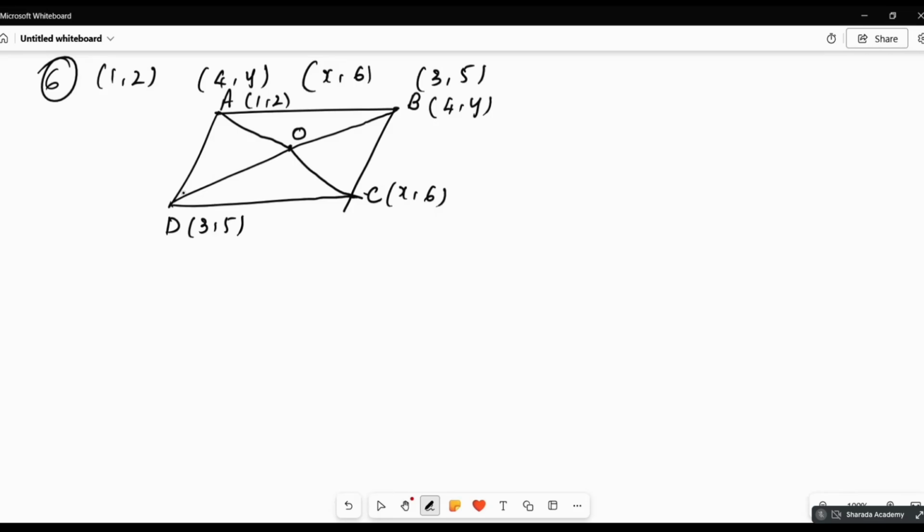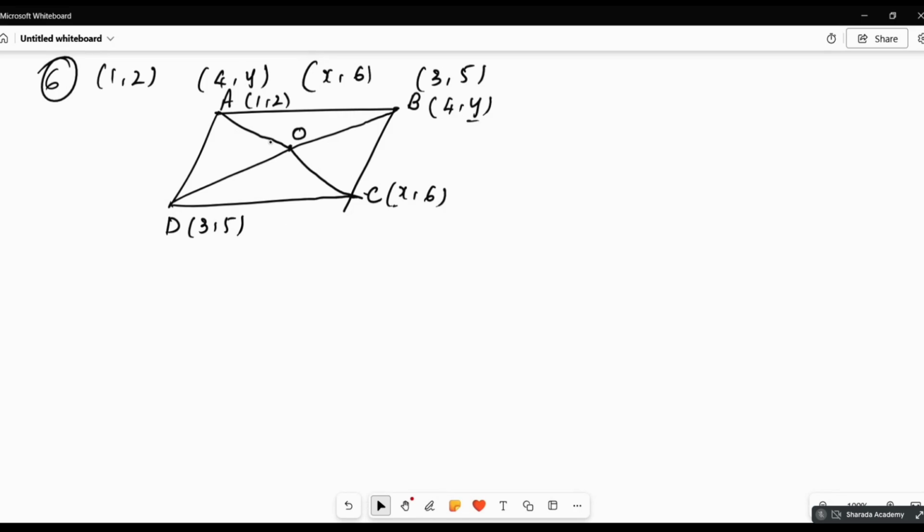Opposite sides equal? But still both are unknown, you will get opposite sides equal, that is AB is equal to CD, but y and x both are unknown. Another property of a parallelogram: OA is equal to OC and OB is equal to OD.